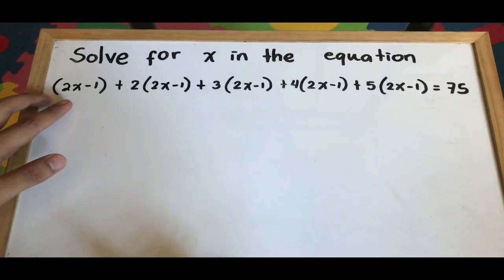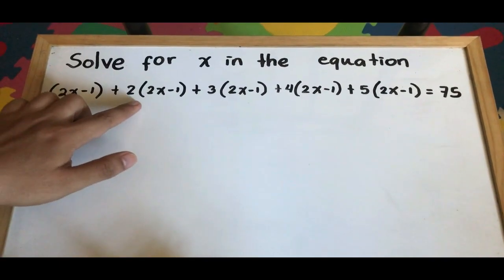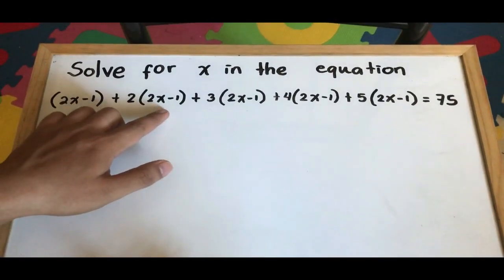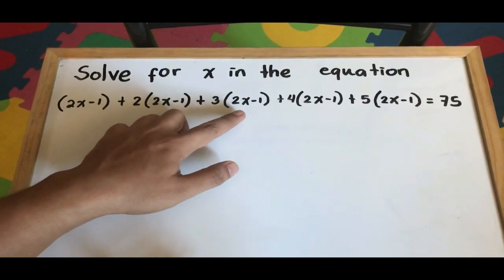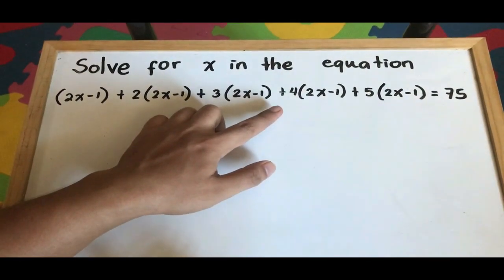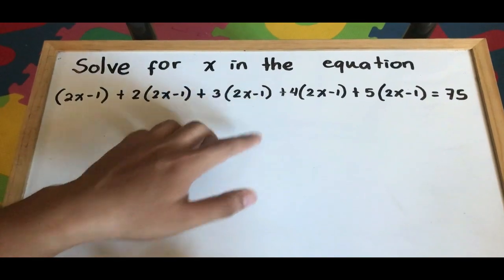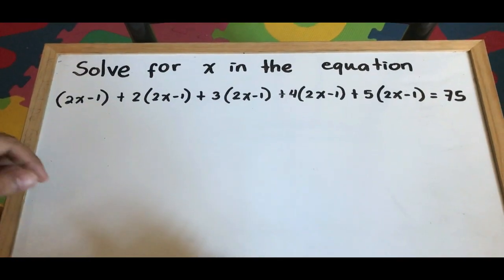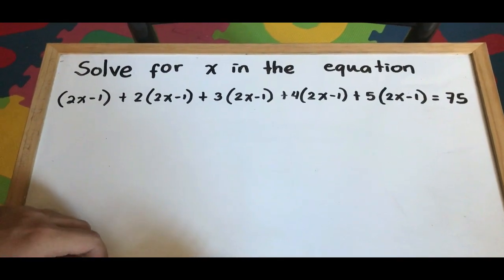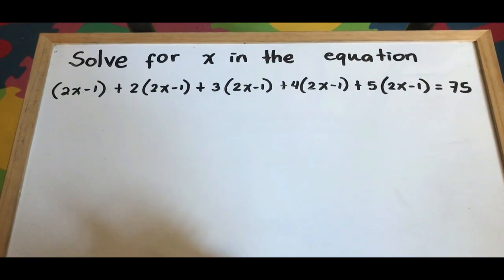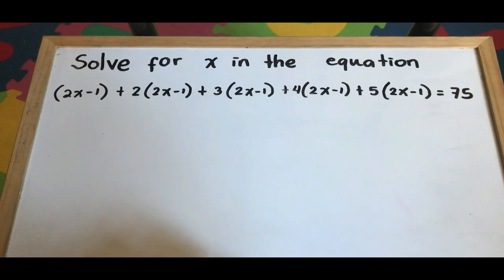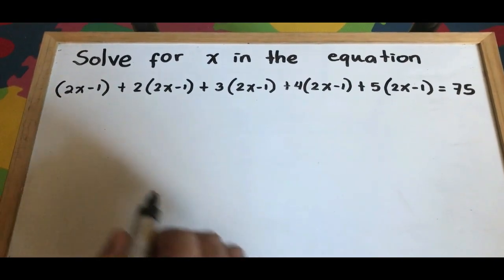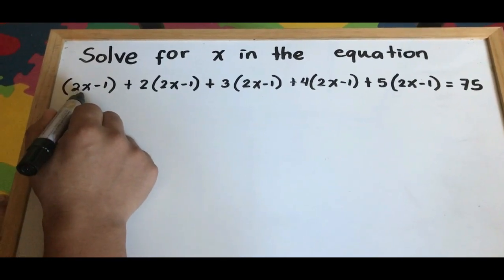Solve for x in the equation: (2x minus 1) plus 2 times (2x minus 1) plus 3 times (2x minus 1) plus 4 times (2x minus 1) plus 5 times (2x minus 1) is equal to 75. Pag-aralan maigi yung given, meron tayong tinatawag na common factor na 2x minus 1.